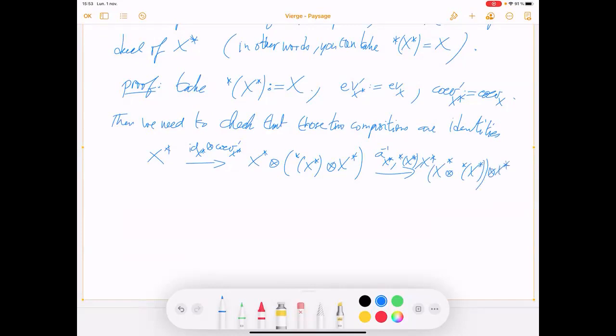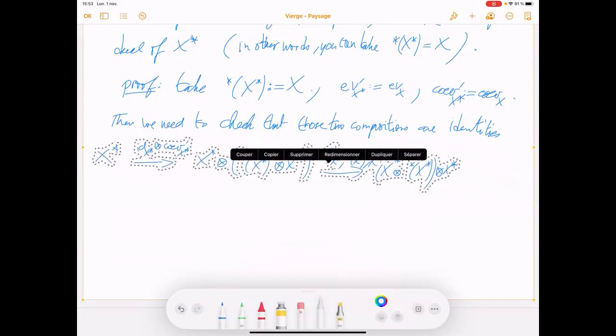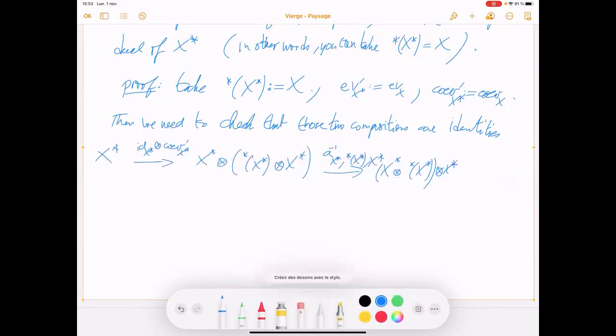Tensor X star, and I need to put this on the left, and evaluation prime. So by definition, you need this one to be identity. And also the second one, I will not draw.